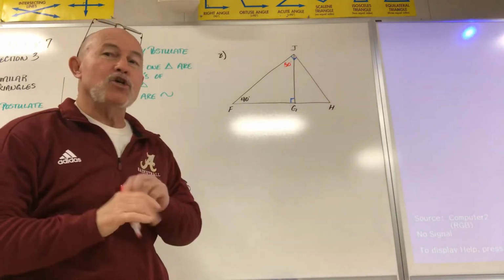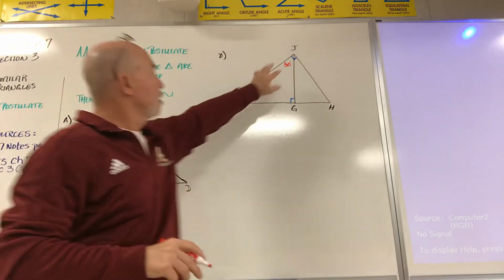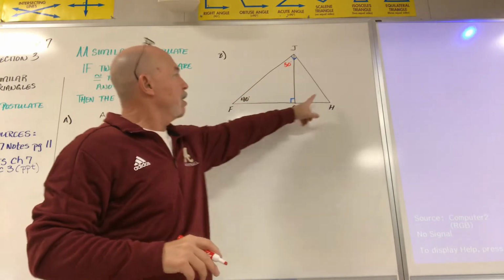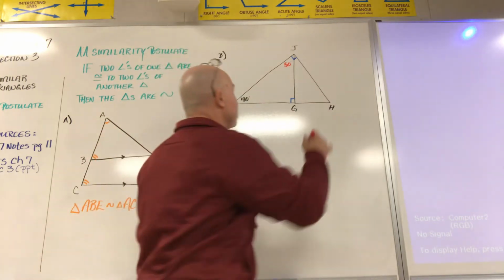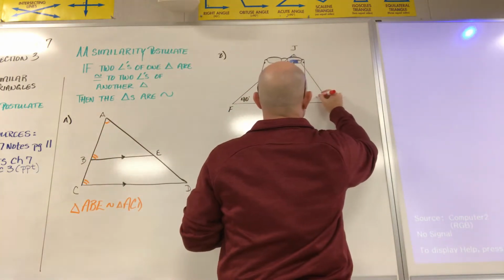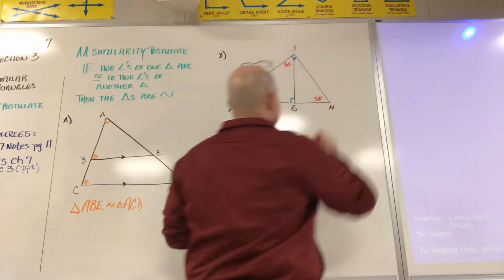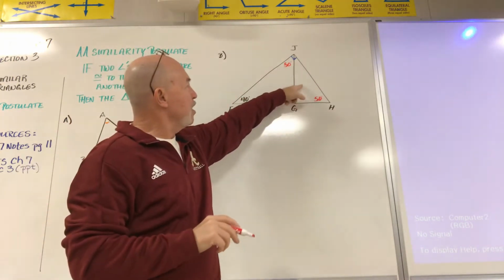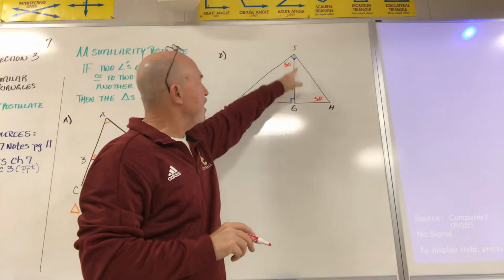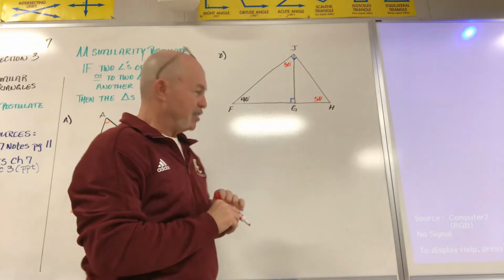Let's look at the overall triangle. 90, 40, this has to be 50. And then in this triangle, if that's 50, that's 90, that has to be 40.